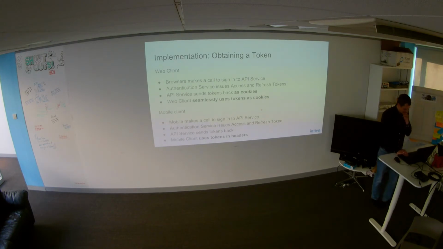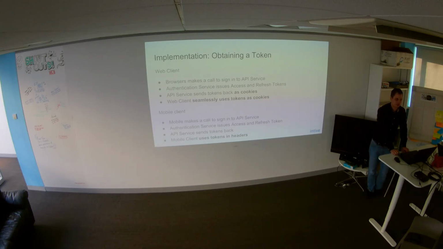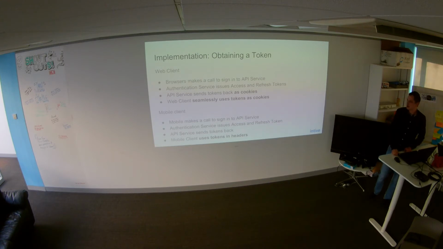Now, how we implemented it. We really hated the fact that you can do XSS, even though we had Angular and felt quite safe with XSS attacks. So we decided to send both the access token and the refresh token in a cookie. And the web client doesn't even know they exist.